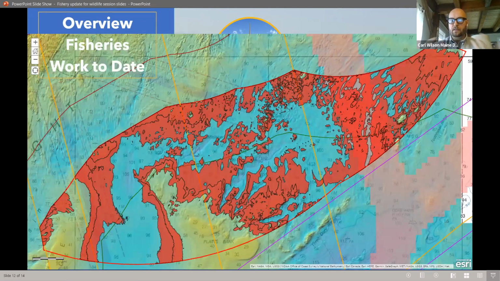In trying to work through this from a relatively broad perspective, if we look across all fisheries, you come back to this map that I was discussing earlier around lobsters. If we work from west to east and talk about activity and where we would have difficulty and conflict in siting, in the western area, and we'll talk about marine mammals in just a second, you have the Western Maine closure for groundfishing.